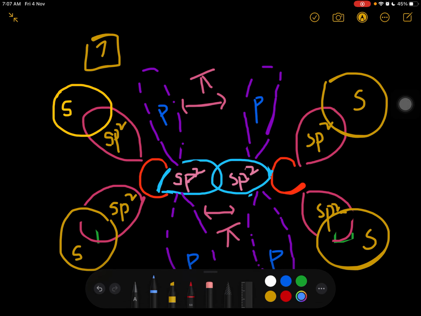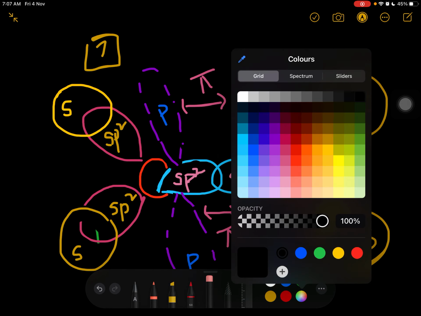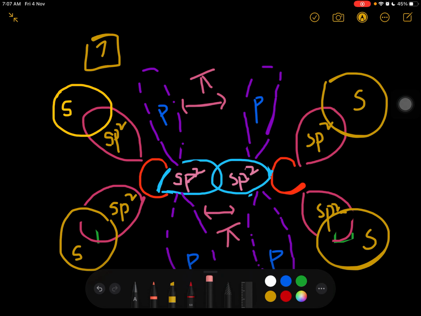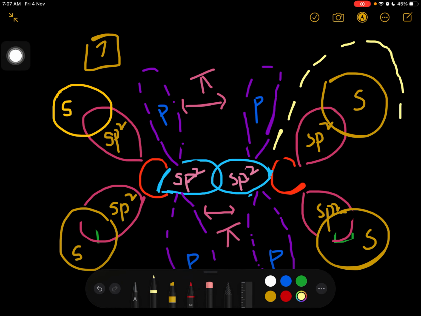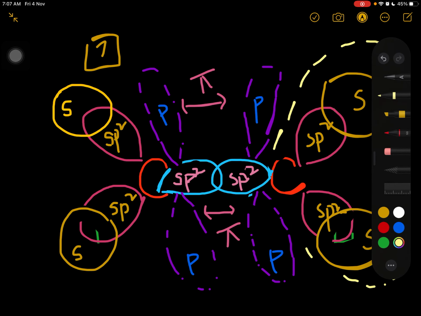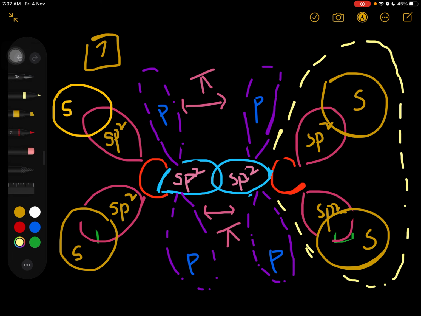Okay, you can see over here, let's take another color which is quite vibrant. It is forming like this.